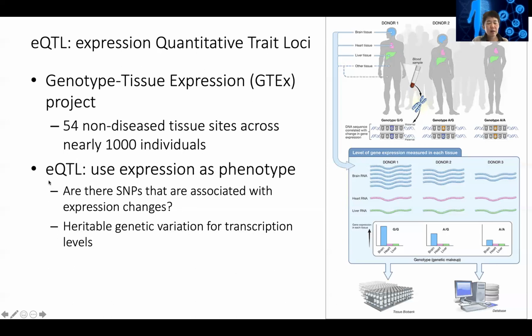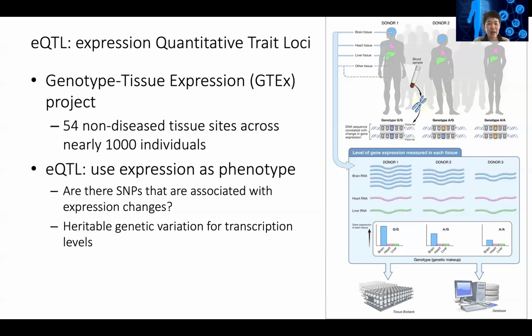And so in here, because we are not interested in disease per se, the trait is no longer whether this person has blue eyes or black hair, or fair skin, or high body mass index. Instead, we use expression data as the phenotype. You say, well, it's 1,000 people's liver, but for this gene, it's expressed at a much, much higher level in some people, but lower in others.